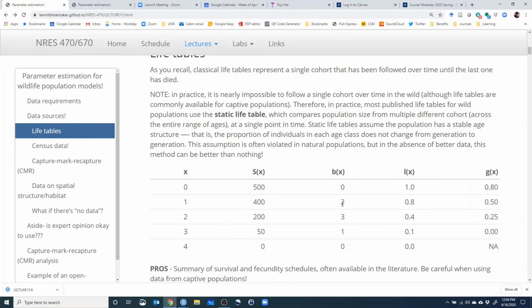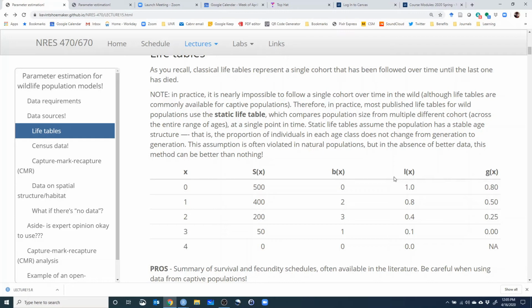You also keep track of the number of individuals that are born per female in the population, and that would be the B sub X, assuming these are all females. And this is per capita birth rate, and this is survivorship, and this is survival rate. All right. So we oftentimes might see a life table from the literature.